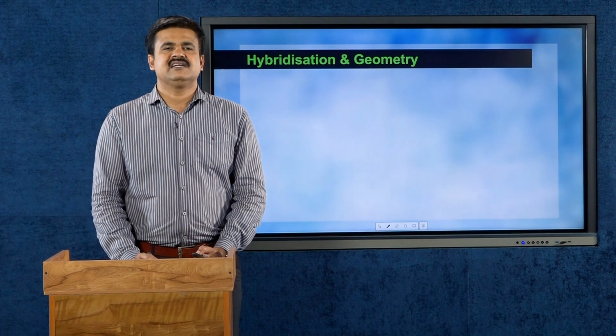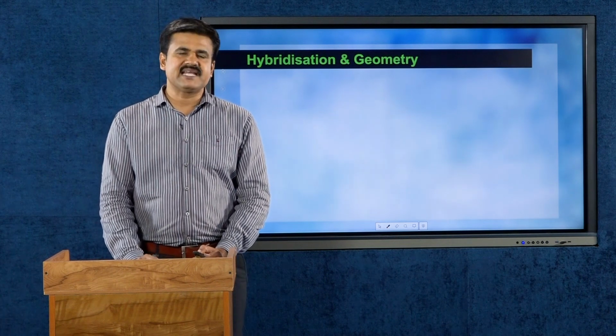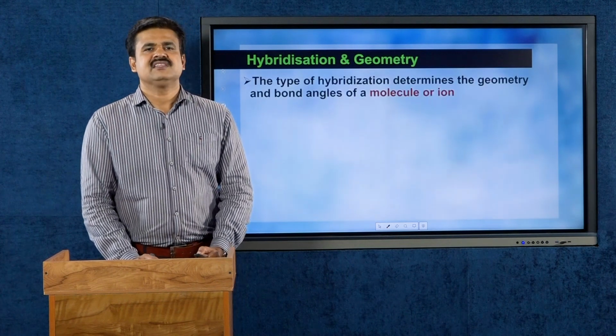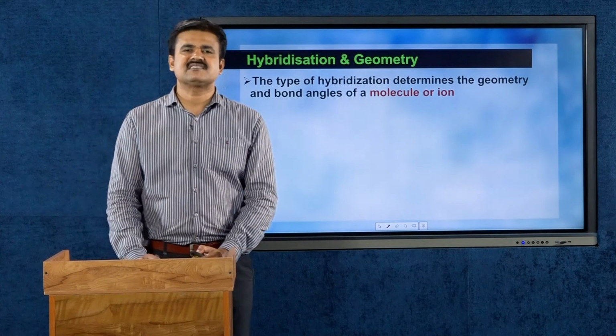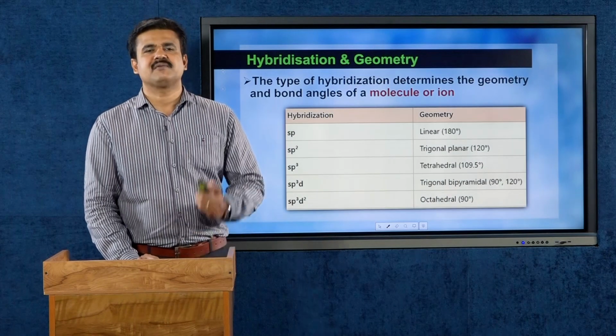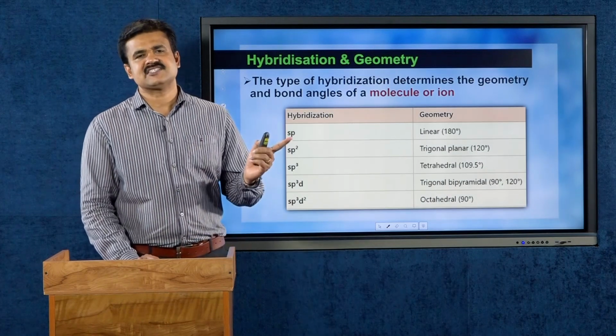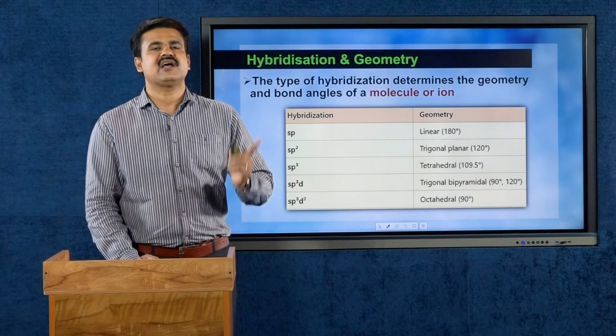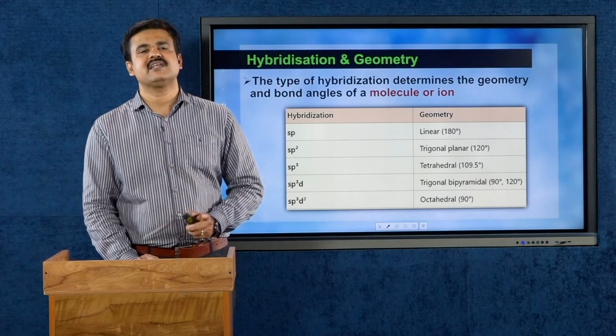Now we are discussing the connection between hybridization and geometry. The type of hybridization determines the geometry and bond angle of a molecule or ion. From this chart, it is clear that hybridization fixes the geometry, or hybridization determines the geometry of the molecule.